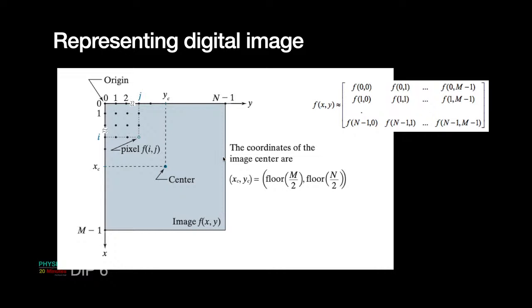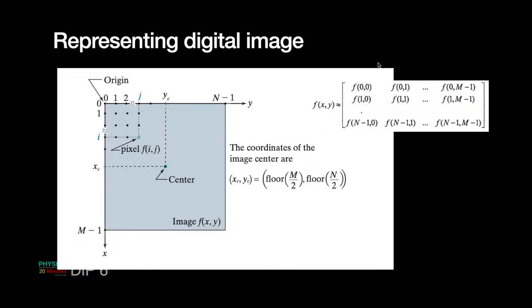I think in this representation it has been reversed. So the number of columns are represented by the number of rows here, and the number of rows are represented by the number of columns. So you can see that it starts with 0, 0, and the last element is n minus 1, m minus 1. So this entire thing can be transported to this matrix form. The reason for this inversion could be that here the x-axis is on the vertical, here the x-axis is on the horizontal.